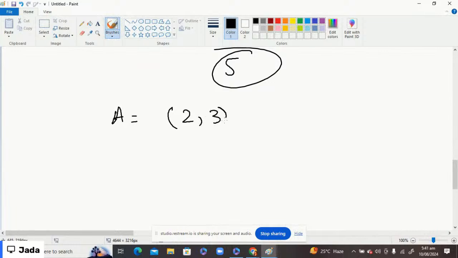So what's the answer? 5 times 2 is 10, 5 times 3 is 15. So the point after dilation is 10 and 15. You just multiply the scale, the dilation, with the coordinates and then put the new image. Hope you guys understand this one. Okay, this is basically simply the dilation. Got it?